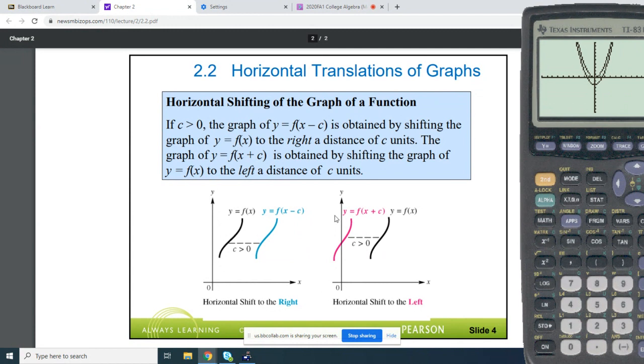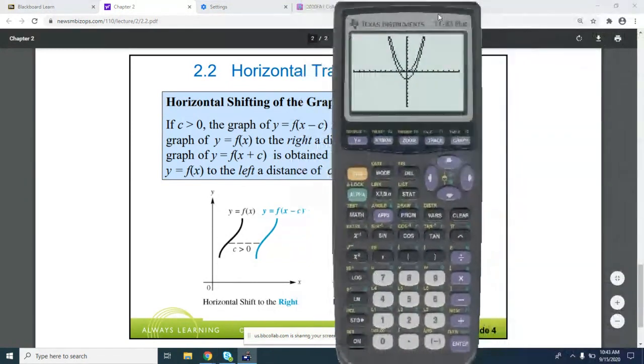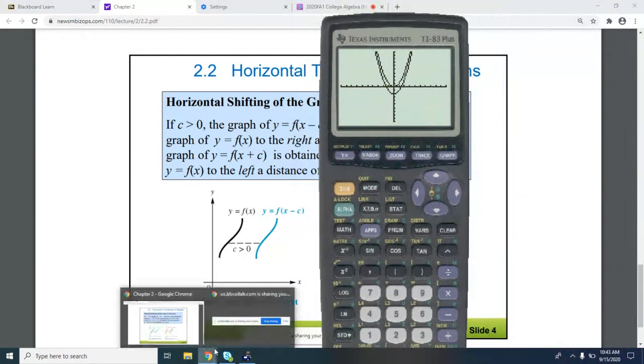So here's what I mean by that. If you have y equal to f of x, y equal to f times the quantity x minus c is a shift to the right. Y equal to f times the quantity x plus c, normally plus means right, but actually notice a shift left. Okay, so let's look at these two in further detail.